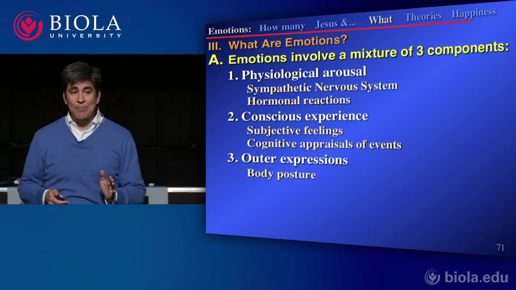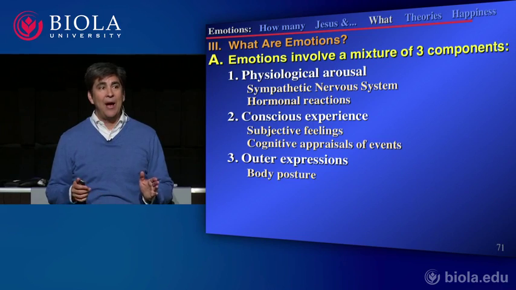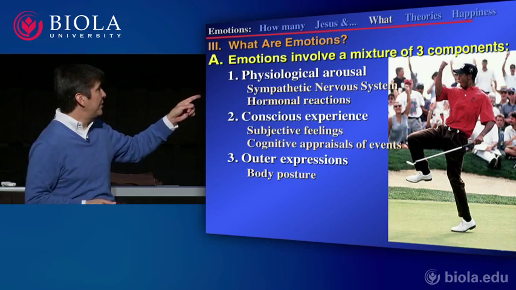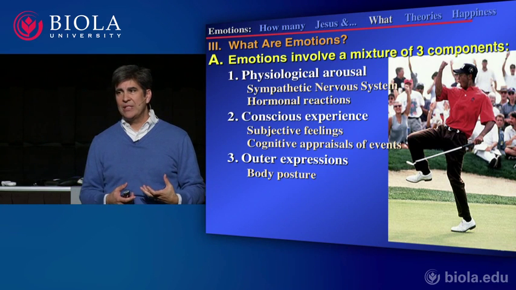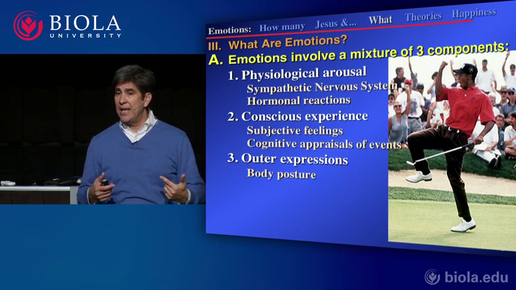But your body posture tells me what? I watch your body and I know what your face tells me, okay, this person's happy. But your body tells me how intense it is. Okay, so intensity. That person is very excited. I look at his body and I go, that's an intense emotion.